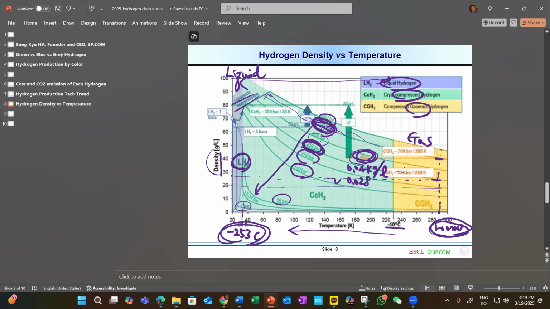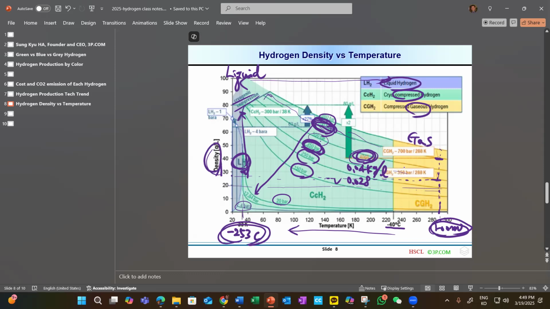But very interestingly, the density is important. Density is the amount of hydrogen per given volume. So comparing here and there, you can see how much more hydrogen can be stored.